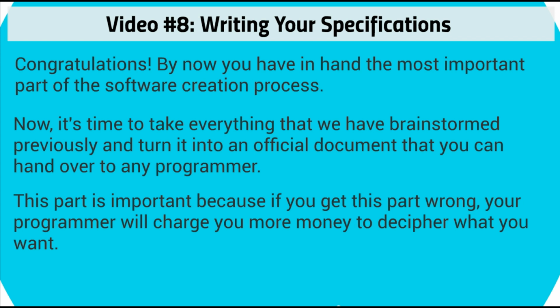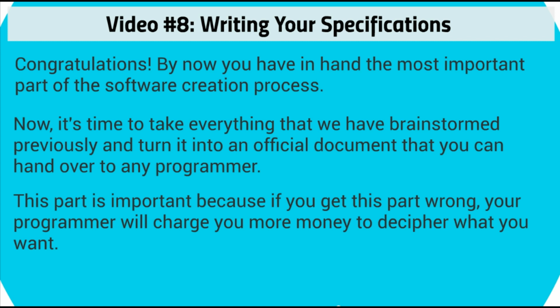What we talked about in the previous video about the telephone game, where you tell somebody, they tell somebody, and they tell somebody. Even if it's 3 people, by the time it gets to the third person, it's totally different. So that's why you want to have something in a written document, which essentially is your contract between you and the programmer.